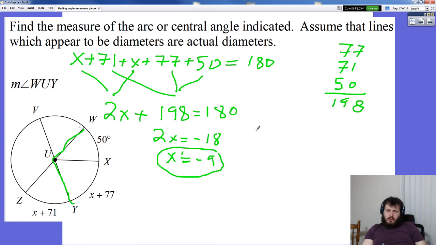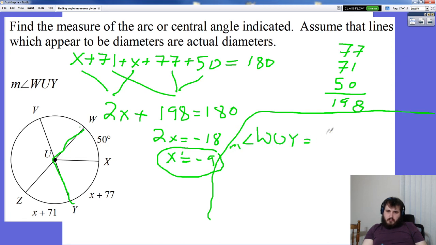And you could go straight through. There's a bunch of different ways to do this. You could say, all right, well, what is XY? That's 68, and then 50 more gives you the whole thing that you want. You could also write it all out and then plug it in. Angle WUY, the measure of that is 50 plus negative 9 plus 77.